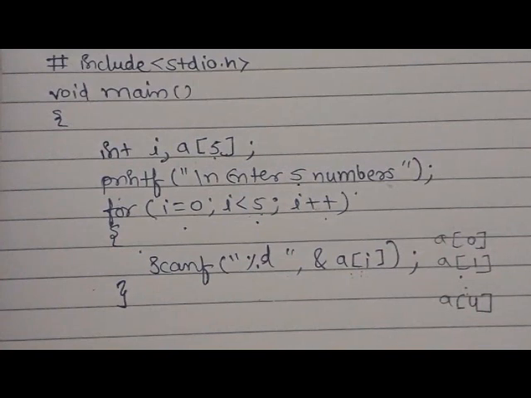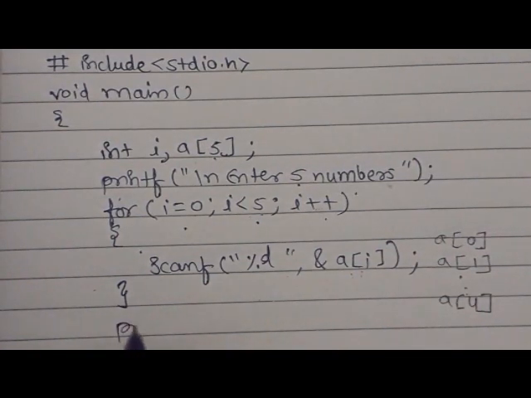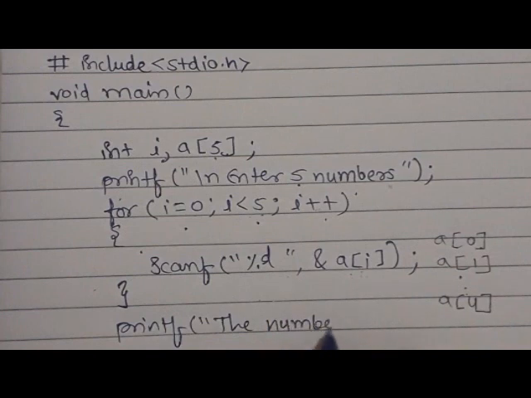Now after taking these values, we have seen how to print the data. So therefore I will write printf, the numbers of an array.